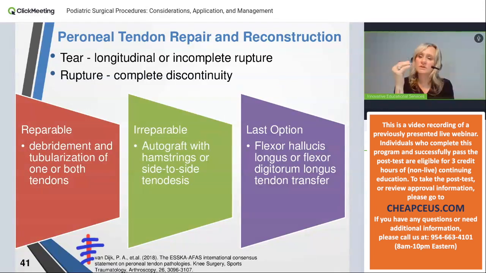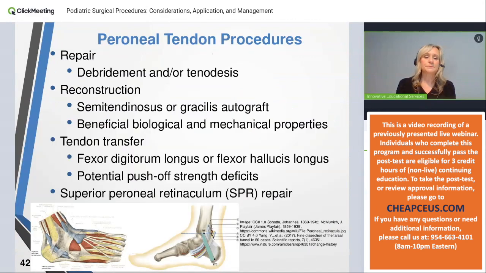It's usually utilized when there's less than a 50% tear. If it's deemed unrepairable, then an autograft might be utilized from the hamstrings. And the last option would be a tendon transfer from the flexor hallucis or the flexor digitorum. So we're going to look at each of these surgical procedures specifically.